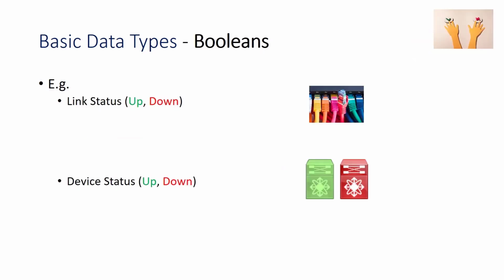Booleans. Booleans are like binary switches with only two possible values, true or false. They find frequent use in conditional statements and comparisons. For instance, in the realm of networking, a Boolean serves as a handy way to describe the condition of network links. For example, when a link is up or active and data can flow through it, we represent it as true. This signifies that the link is operational.